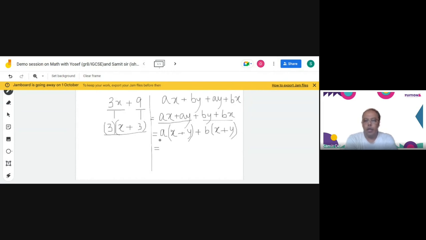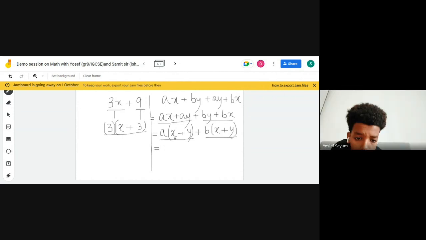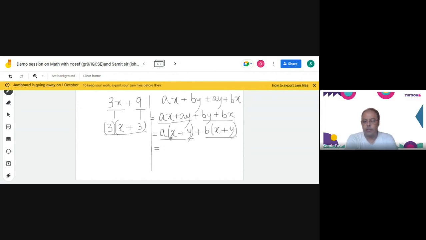So now, from this expression and this expression, which is common? From this one and this one, the common part is x plus y. Why?